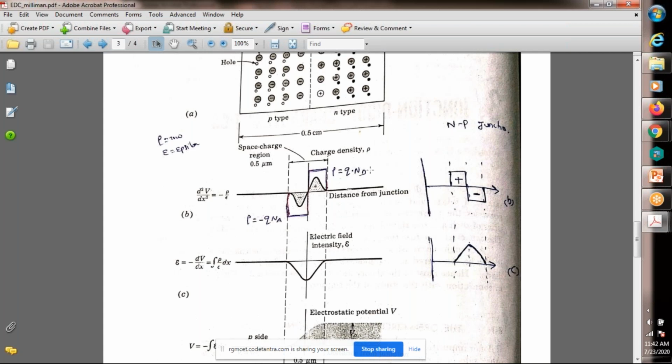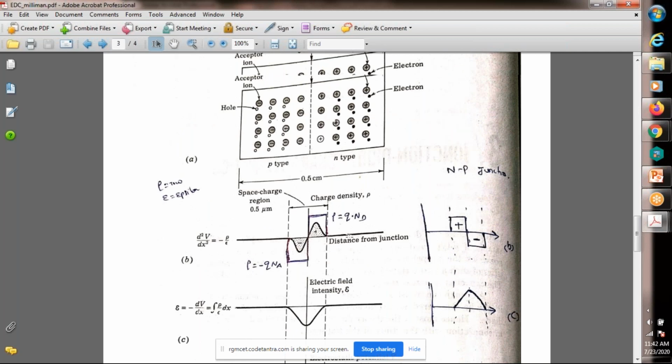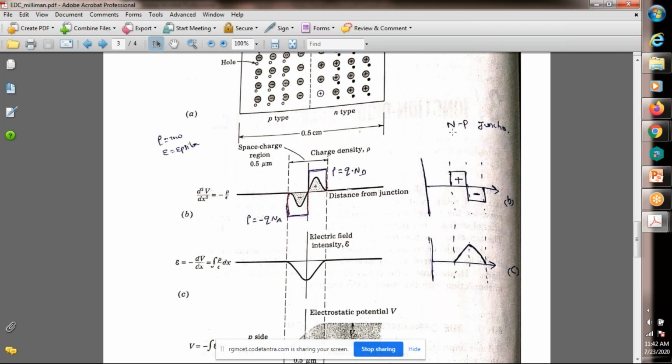Remember this one. Why? Because most textbooks always have P on the left side and N on the right side, except in Rajavi sir's textbook, which has N on the left and P on the right. In some competitive examinations, multiple option questions are given: find the electric field intensity graph.